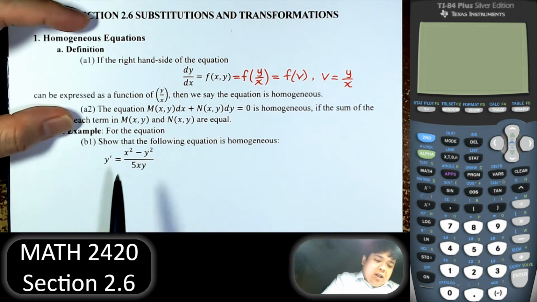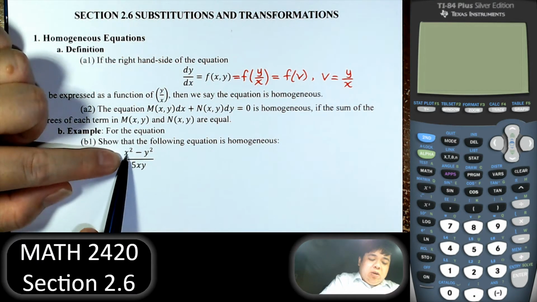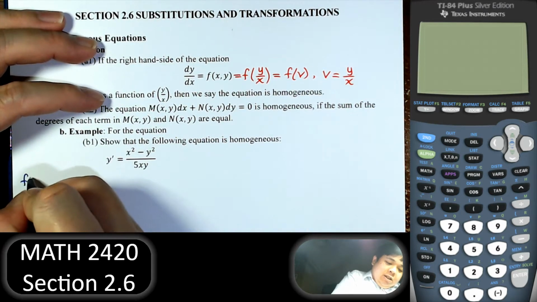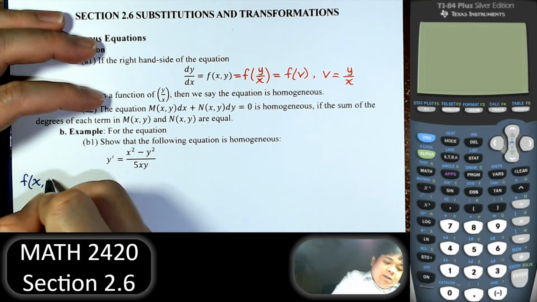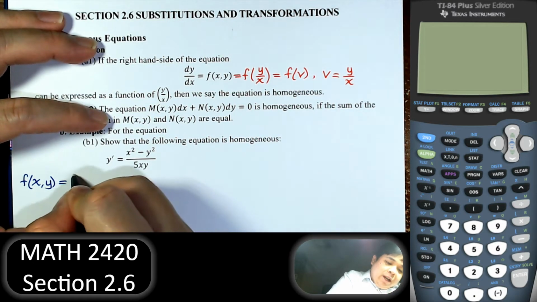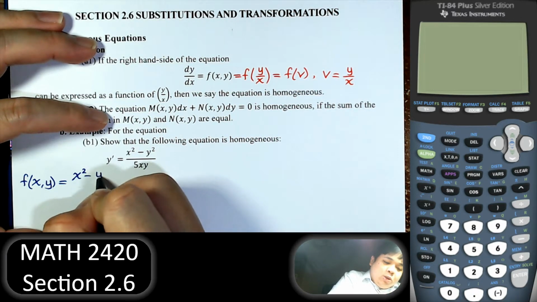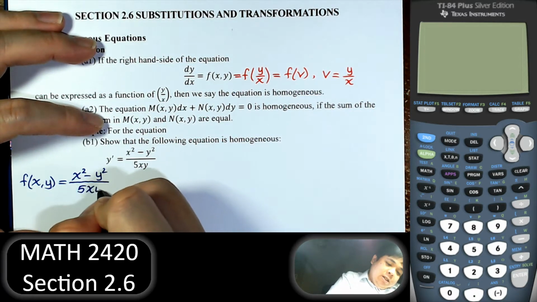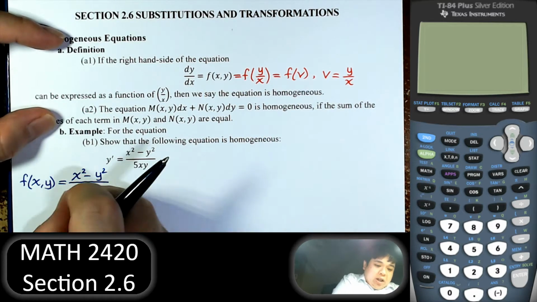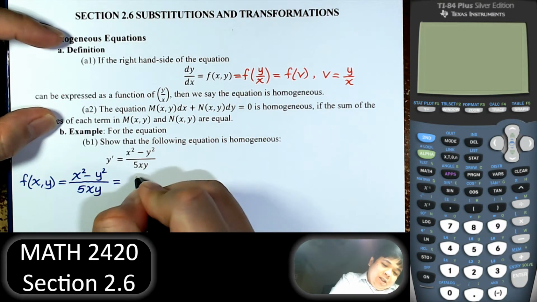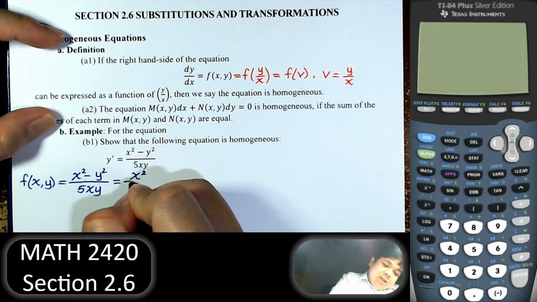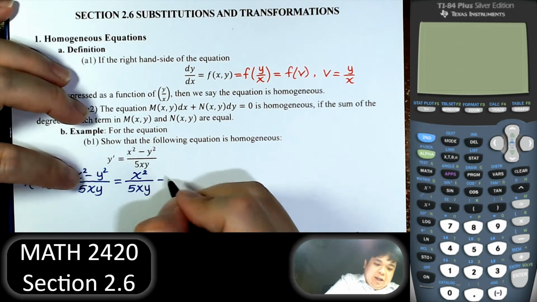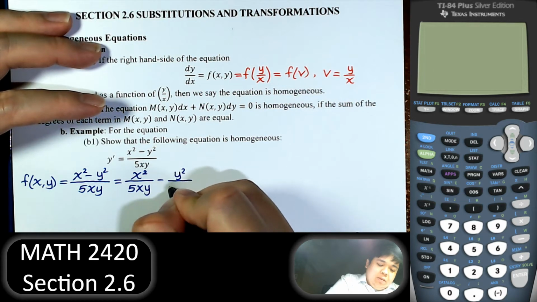First, we just look at the function on the right hand side here. We have x squared minus y squared over 5xy. What I do is I will split this in two, x squared over 5xy, and then y squared over 5xy.